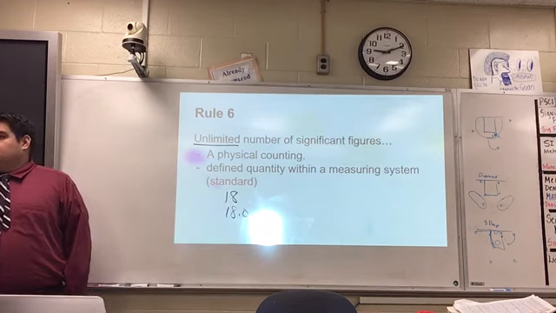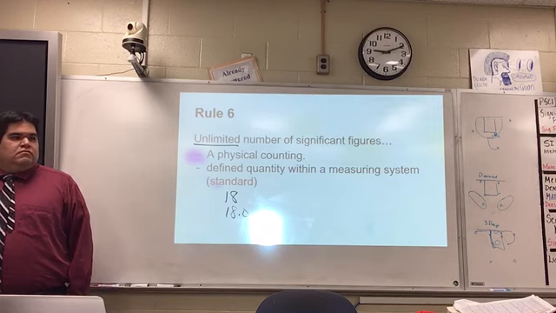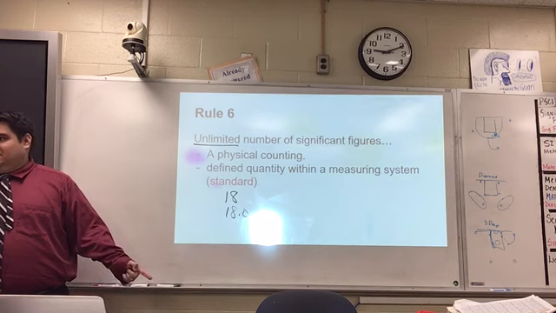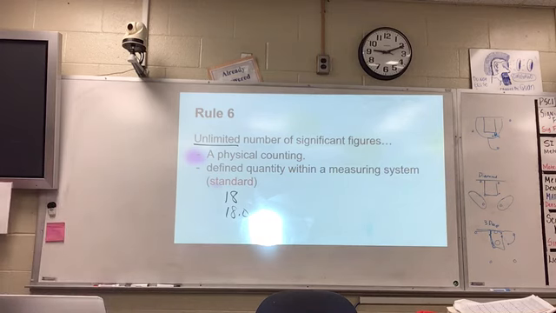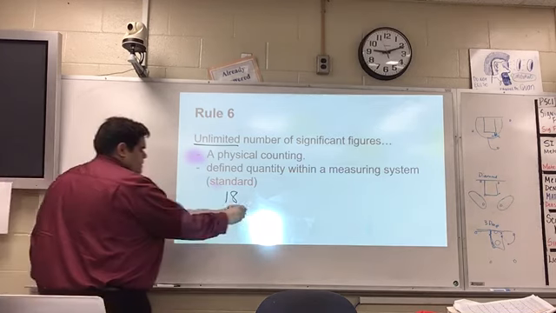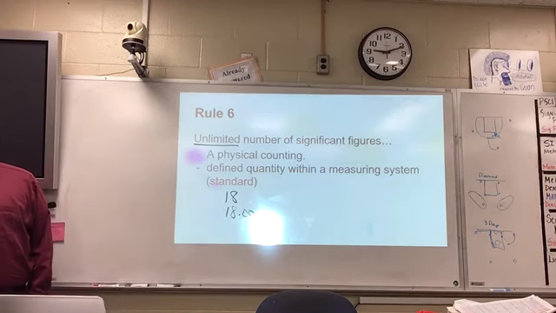How many significance? Uh-oh. How many? 3, because the 0 is at the end and to the right of a decimal, right? So it counts. If I add a 0, how many significance? 4, right?